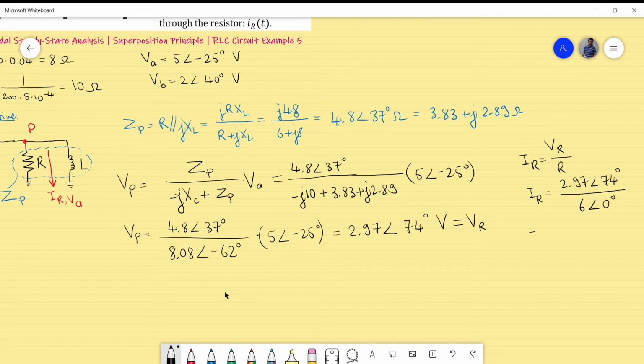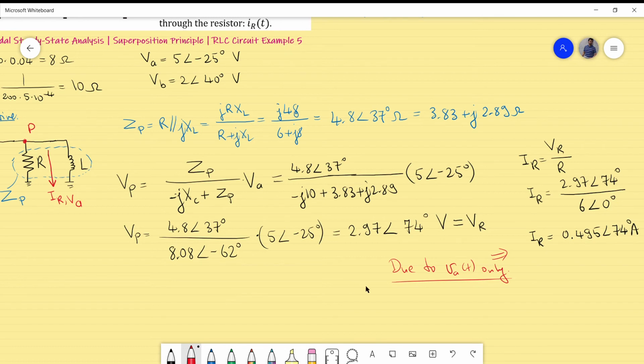So for this part that will be 0.495 phase 74 degrees in amperes. This one is only due to VA only. Okay. So we have one of the parameters.